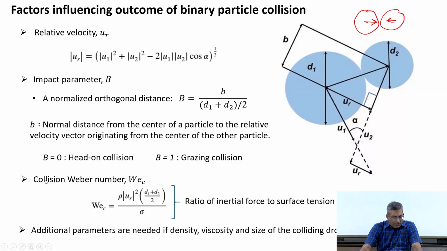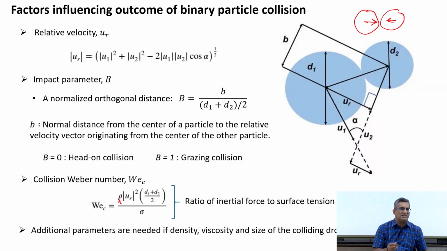Then we can define the collision Weber number, which is basically the ratio of the inertial force with which the two particles are colliding to the surface tension force. What is this inertial force? This should be rho d, particle density times relative velocity squared times average particle size.